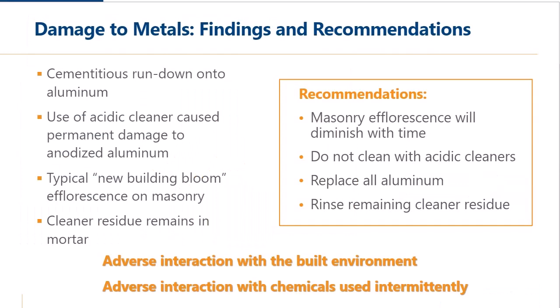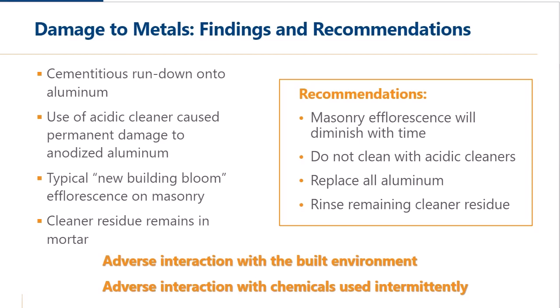So, from all these studies, what do we know happened? First of all, there was cementitious rundown on the aluminum that caused some corrosion. And the use of this acidic cleaner caused really severe damage to that anodized aluminum and ate away a good portion of thickness of the aluminum in areas. The efflorescence is typical new building bloom. You know, it can be a little hard to clean.